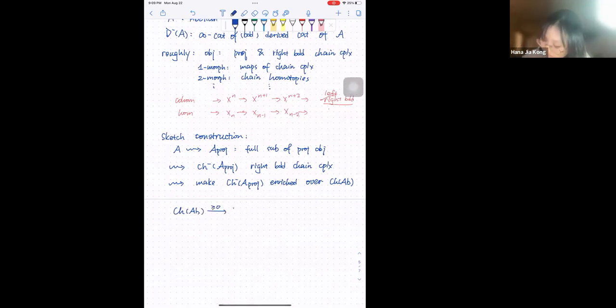The first step is truncation, and then you use the Dold-Kan correspondence. This is equivalent to simplicial abelian groups, and then the forgetful functor, and you get to simplicial sets.